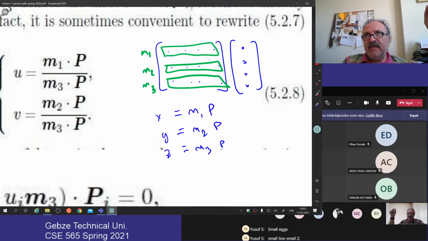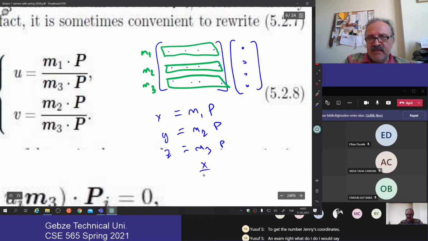To get the non-homogeneous coordinates, x over z is my image coordinate u, and y over z would be my v.